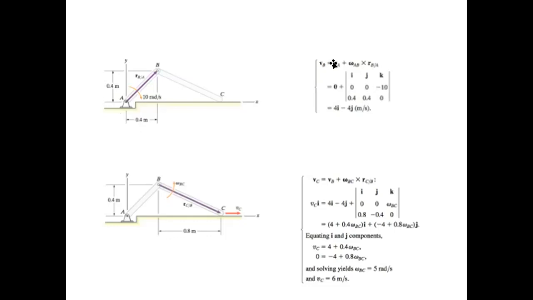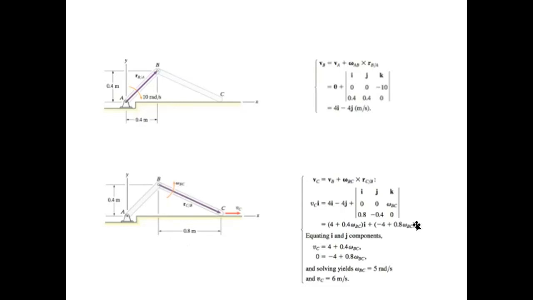Now we apply this equation and we can determine the velocity at point B. At bar BC, the angular velocity omega BC and also the velocity of point C are unknown. The velocity of point B we found in the previous step. Now we have to find the velocity at point C. When we apply this equation, we get this one.